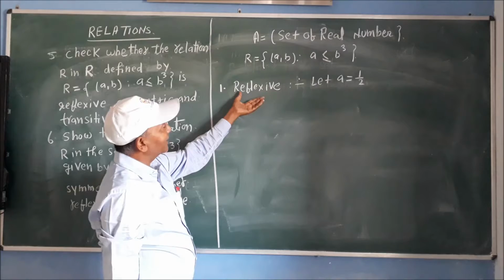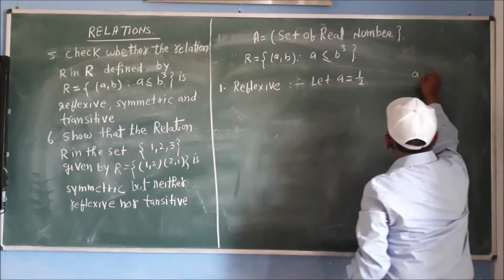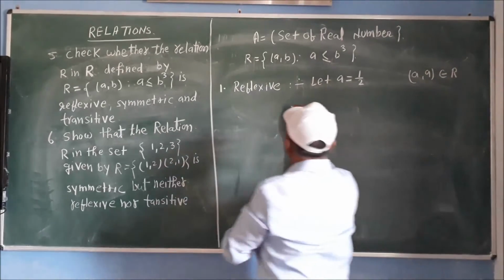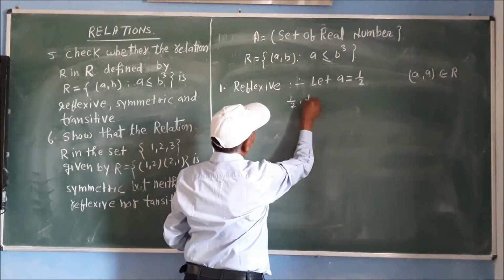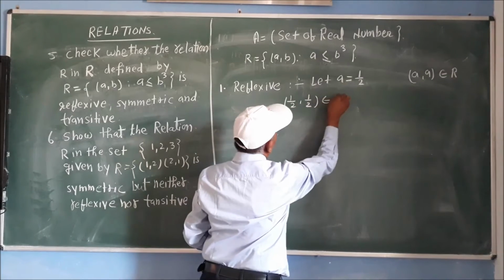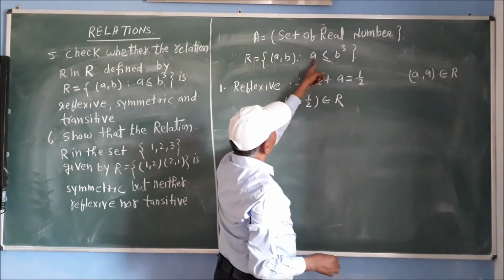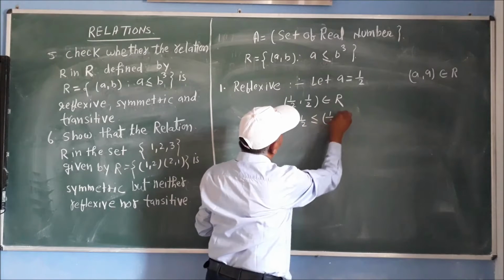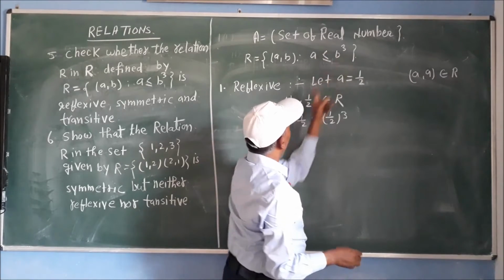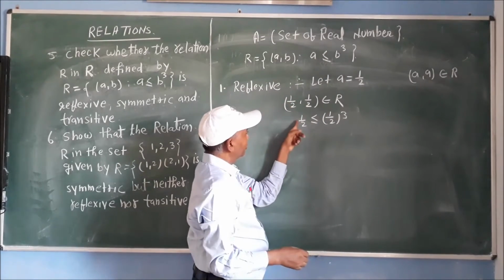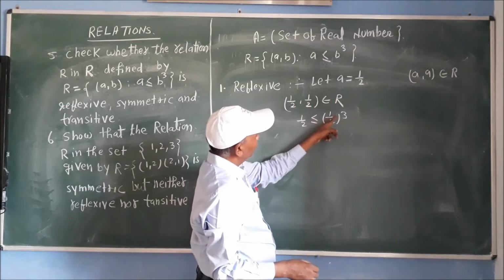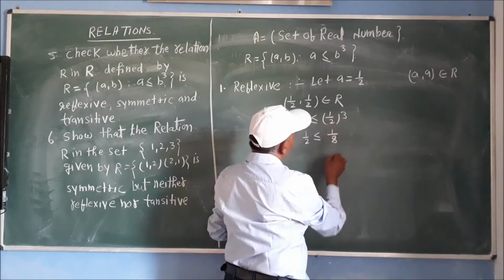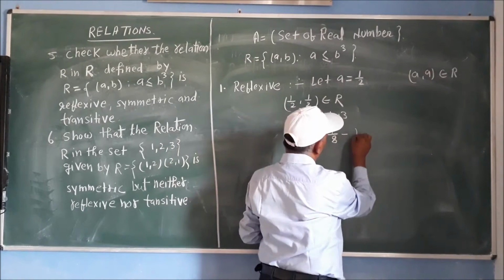As you know, a relation is called reflexive if (a, a) belongs to R. That means (1/2, 1/2) belongs to R. So the condition is given: 1/2 must be less than or equal to (1/2)³. But 1/2 ≤ 1/8 is false, which is not true.